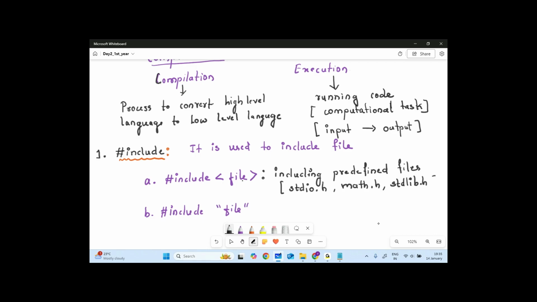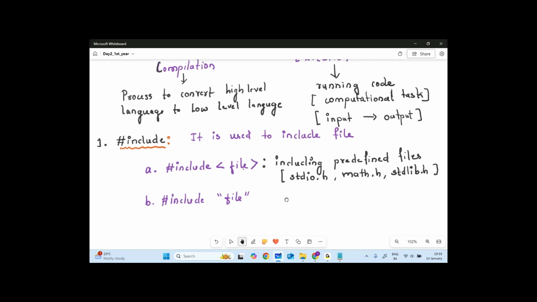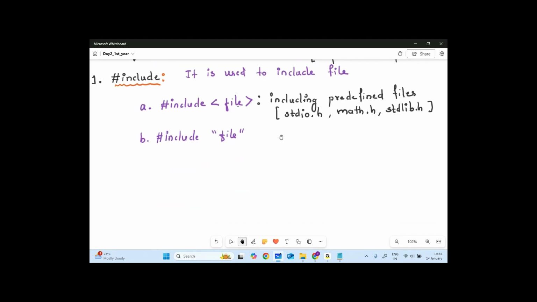You can go on including predefined files. These predefined files you can include using the first syntax.